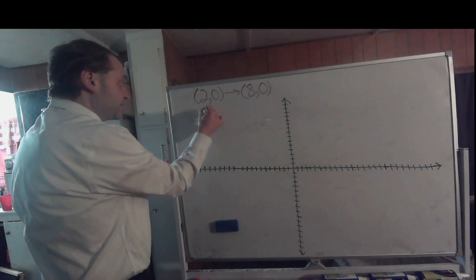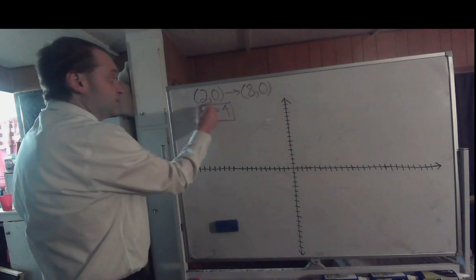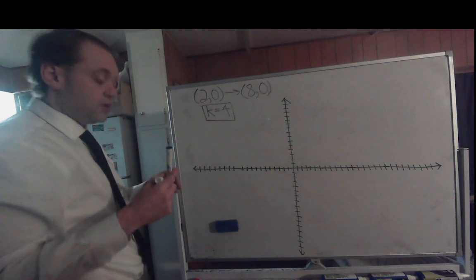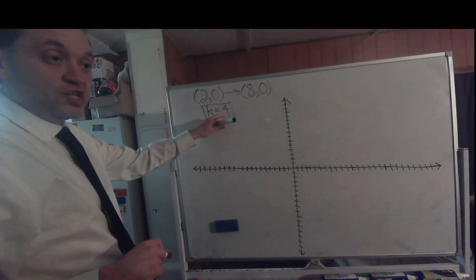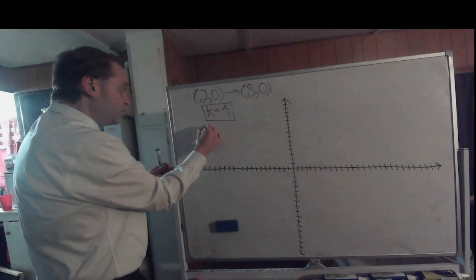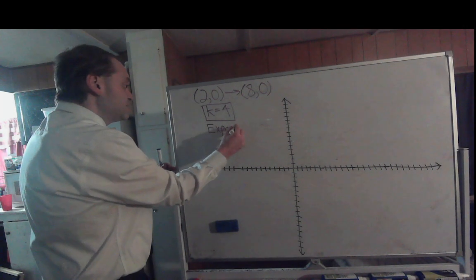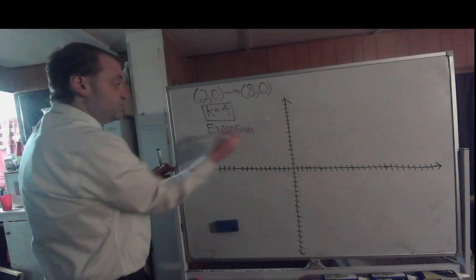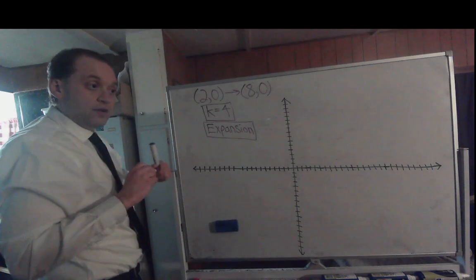The scale factor is 4, because 2 times 4 is 8, 0 times 4 is 0. And now, would this be an expansion or a contraction? Well, the absolute value of 4 is greater than 1. This would be an expansion.